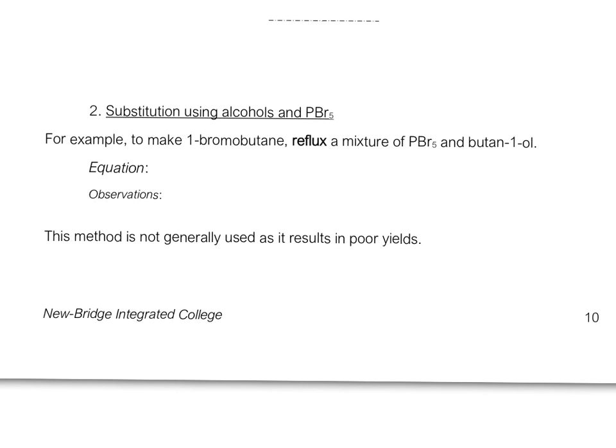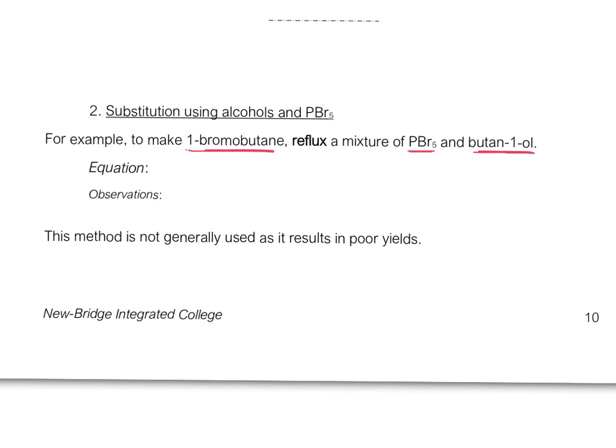Some of them we've already met in previous topics, but let's have a look at a couple here. Now, the first one is by, again, taking your corresponding alcohol. So we'll look again, just to keep it the same, at the method of making 1-bromobutane from butan-1-ol, so from the corresponding alcohol, and adding PBr5, so phosphorus pentabromide.